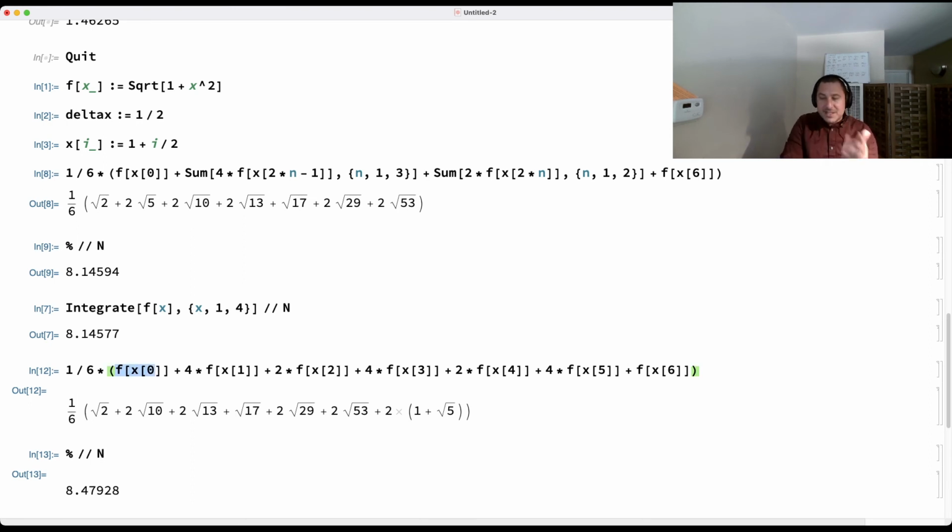f of x0. See, this is why I hate doing this, because it's easy to make a mistake. 4 f of x1, 2 f of x2, 4 f of x3, 2 f of x4, 4 f of x5, f of x6. I made a mistake somewhere.